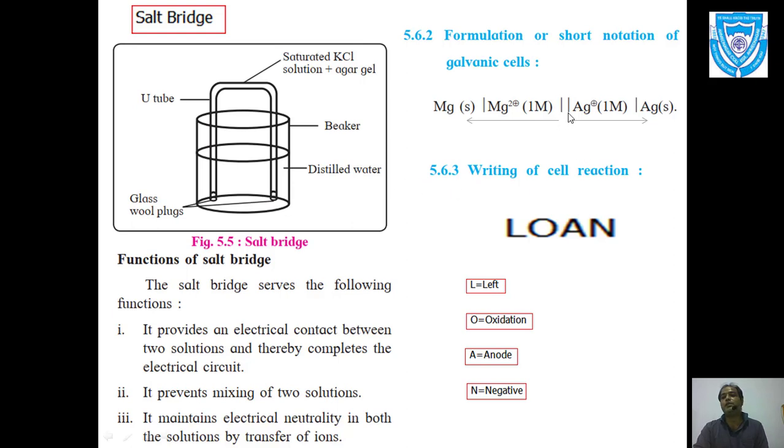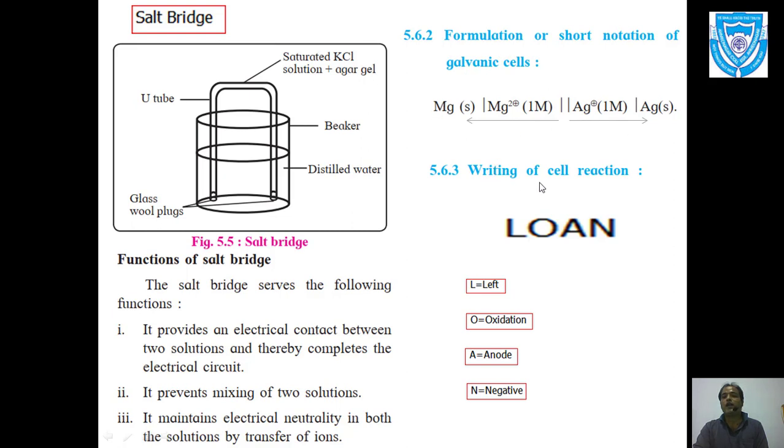So this is the notation of the galvanic cell. It's very simple. This is one half cell, and the remaining one is the other half cell. When these two half cells are combined, they form a complete cell.